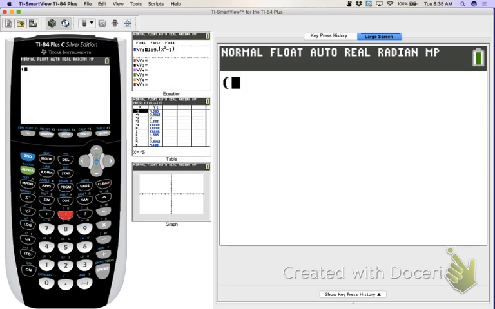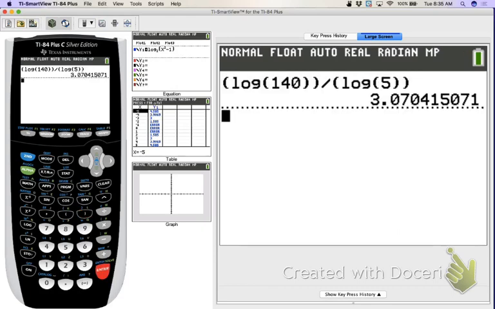So I go parenthesis, log of 140 divided by log of 5, and then hit enter. So it's 3.070. You'll probably just round to 2 decimal places, maybe 3.